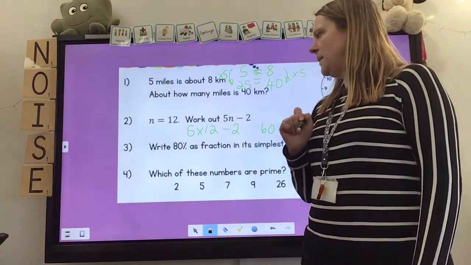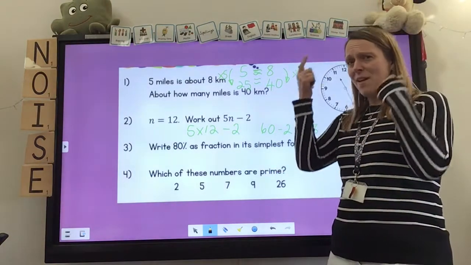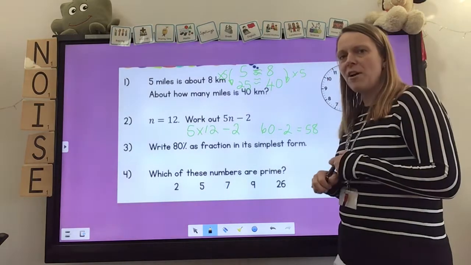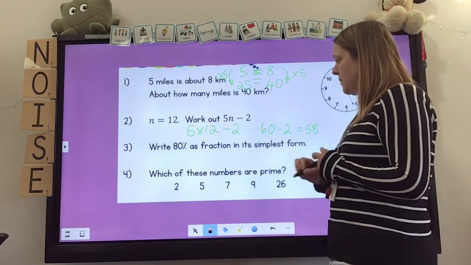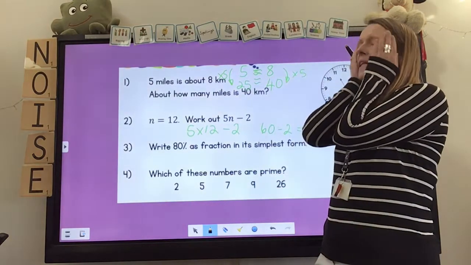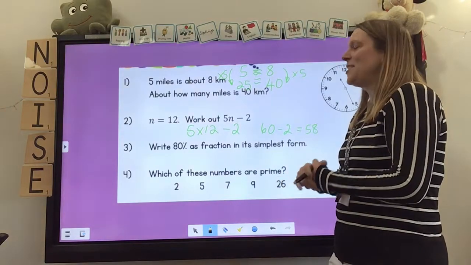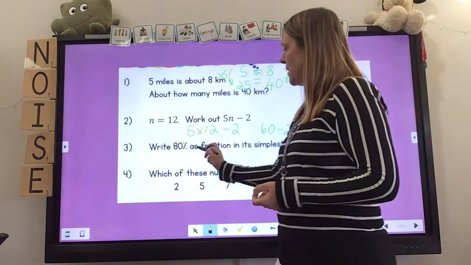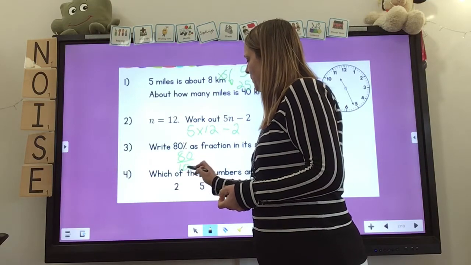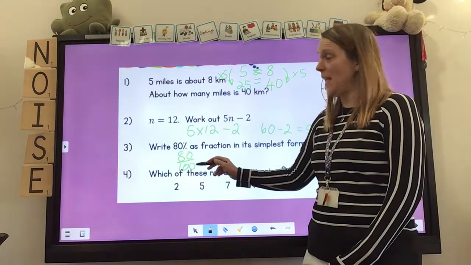Write 80% as a fraction. Okay, so going a little bit further back in our learning, and remember, percentage is out of 100, sorry, not out of 50. Oh, it's been a long week. Percentage is out of 100, so we can show that as a fraction as 80 over 100. Okay, so simplified, well, we can divide top and bottom by 10 to start off with, can't we?